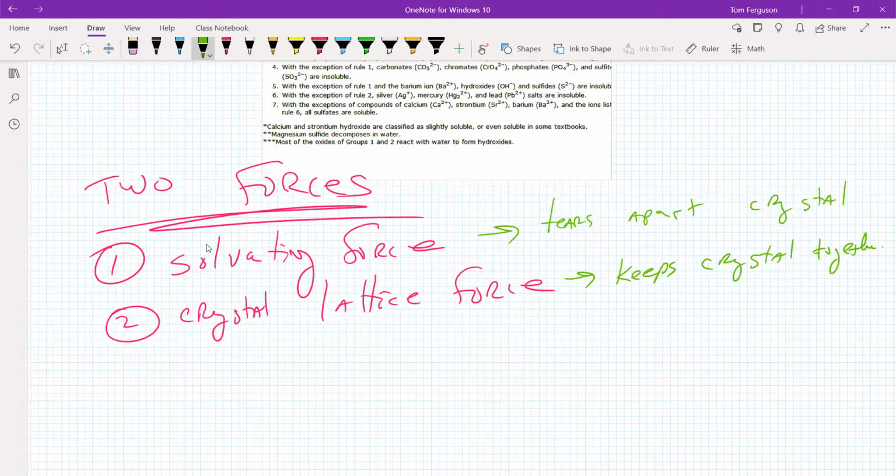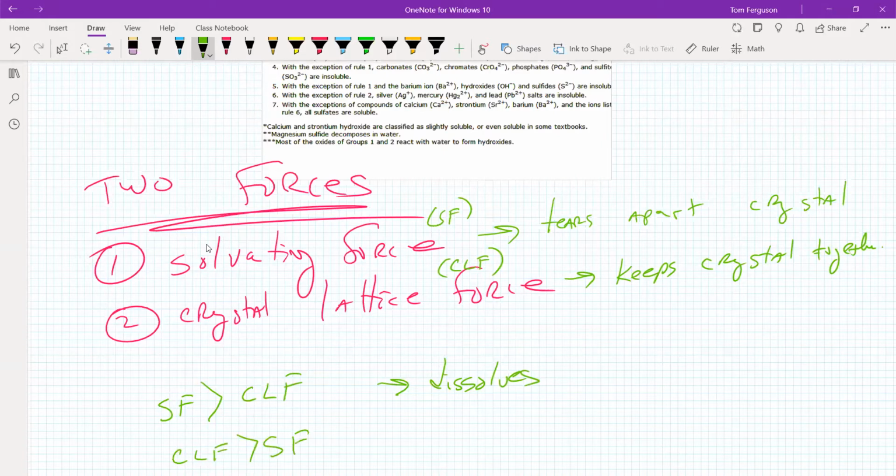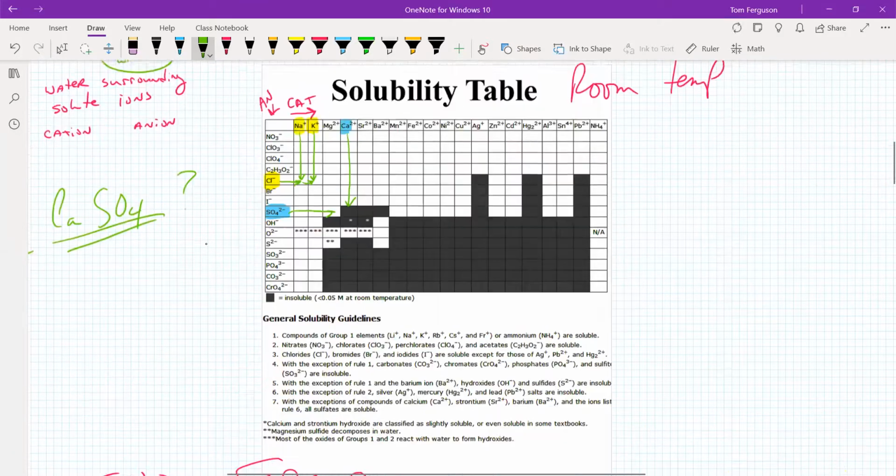Okay, if the solvating force, we're going to call it SF, is greater than the crystal lattice force, it dissolves. If the crystal lattice force is greater than the solvating force, we get a solid. It stays together. And that's what this chart does for you.